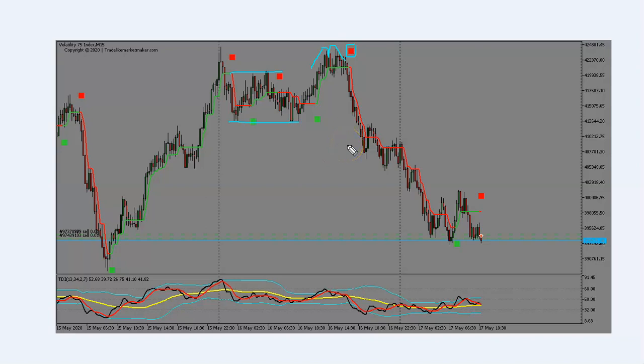Those are the signals that you should look for when you know that the bullish trend is about to reverse. Okay, and then it confirmed, yes, and then it goes all the way down like this.